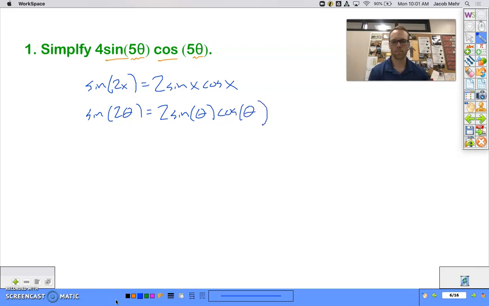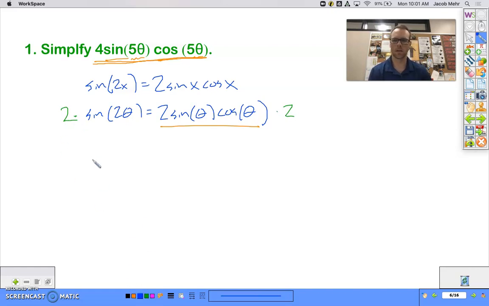All right, so here's what I want you to do. Compare this to this whole thing now. Well, instead of a 4, we have a 2. So I think that we could multiply each side of our equation by 2.